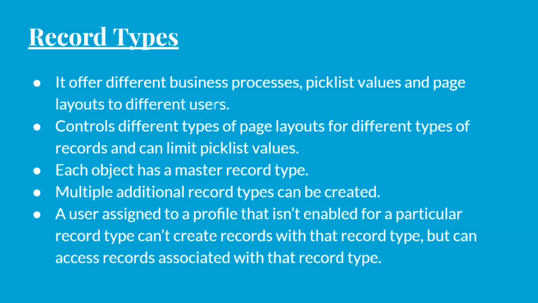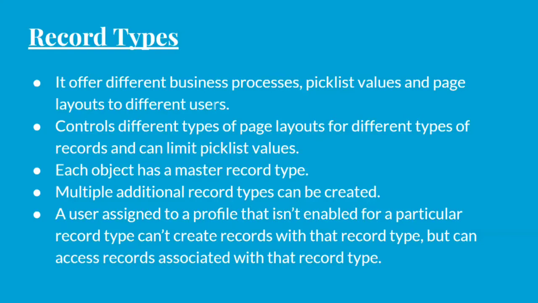So you can change those picklist values, and you can assign different page layouts to different record types. By standard, every object has a master record type, but then you can add multiple additional record types, and you can assign different record types to different page layouts.